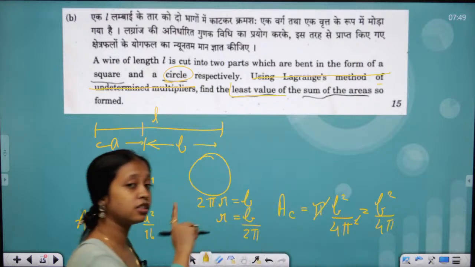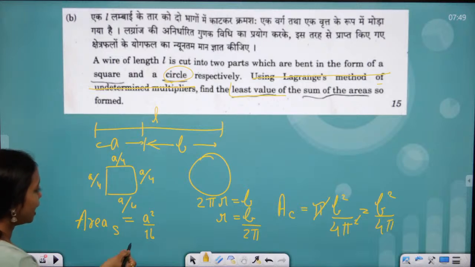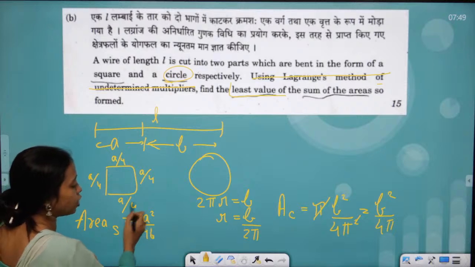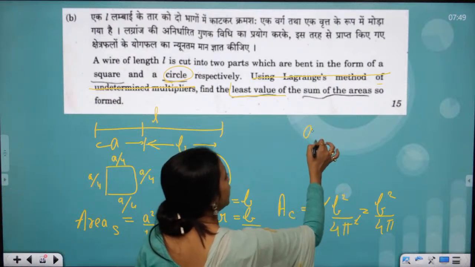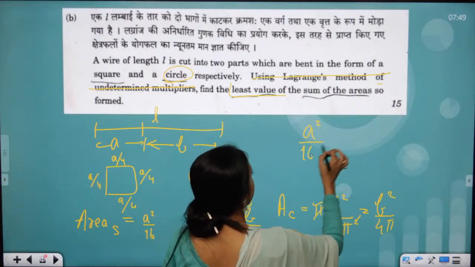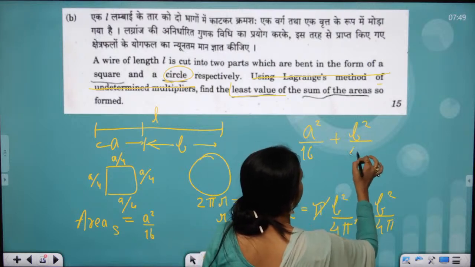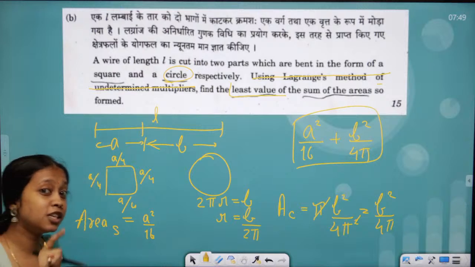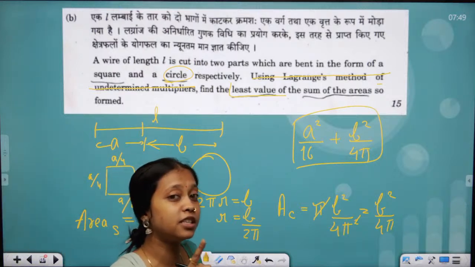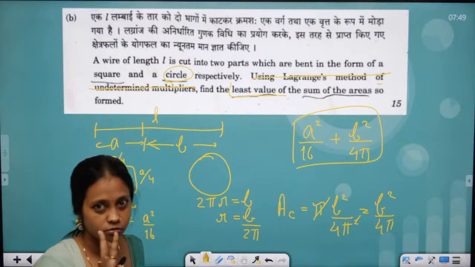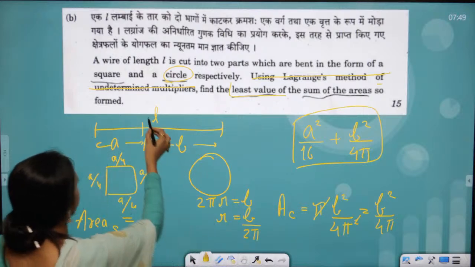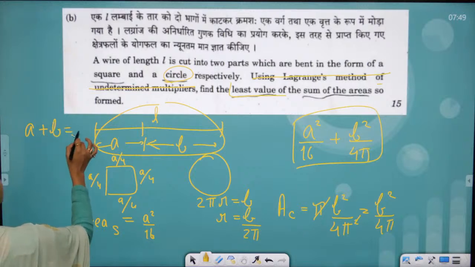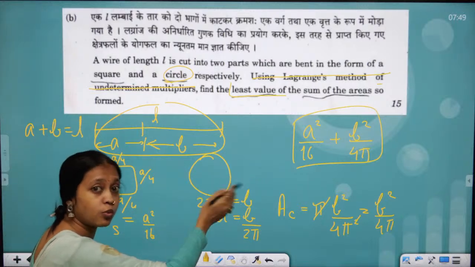Now why am I saying this is a plus 2 level question? They are saying that you have to minimize the sum. That means you have to minimize A square by 16 plus B square by 4 pi. But in class 12 we have not done the minimization question of two variables. That is the problem. But over here, what is the constraint? A plus B is L. So it's not basically two variables, it's one variable.